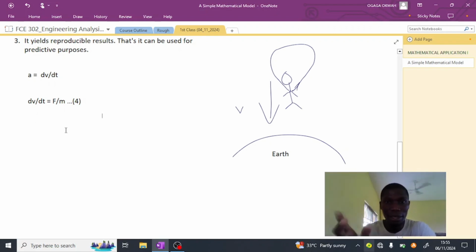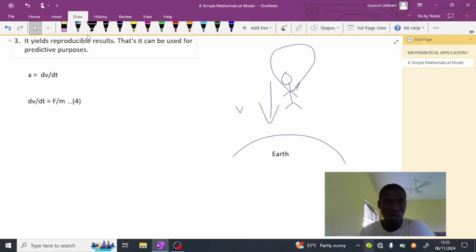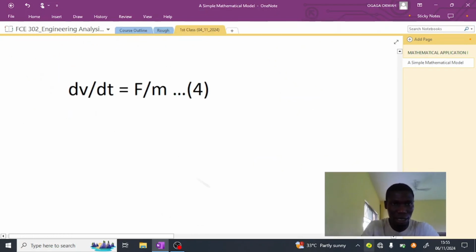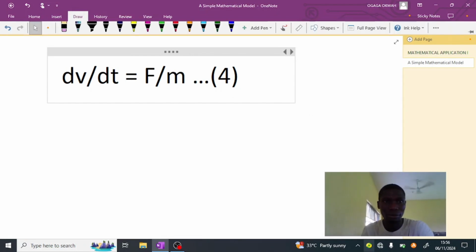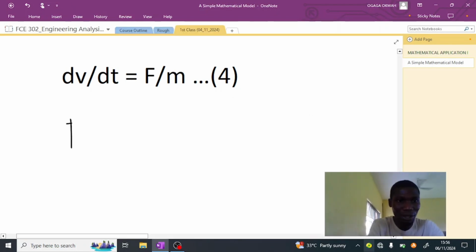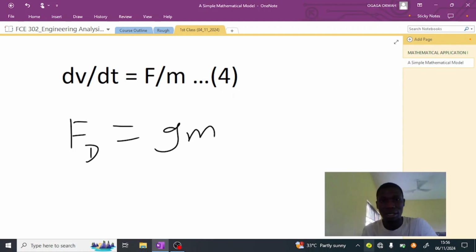So the downward force acting on the parachutist, let's denote that by Fd. Fd is the force of gravity, which is mass times acceleration due to gravity.